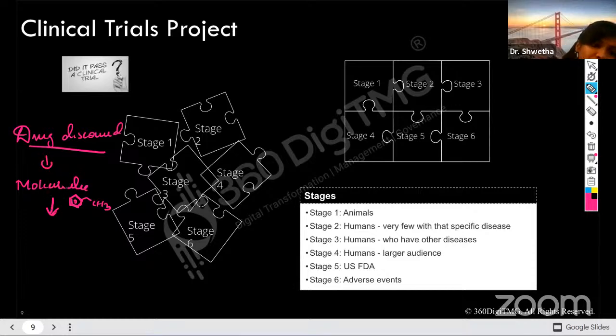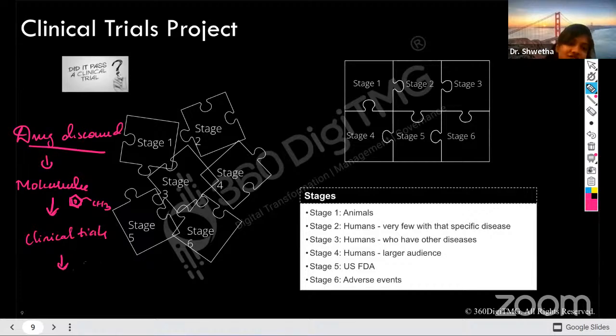So to test this, they go for clinical trials. These medicines are first tested on animals and then tested on patients, and once these are found to be safe, then it is released into the market.